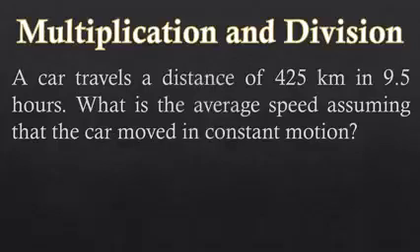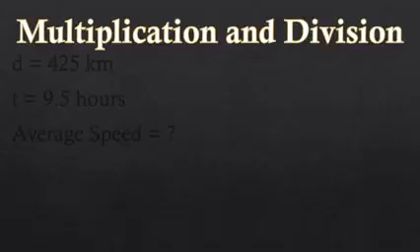A car travels a distance of 425 kilometers in 9.5 hours. What is the average speed assuming that the car moves in constant motion? Okay, so here naman, pag-uusapan natin kung paano kunin yung average speed. Okay? So this is part of physics, which is a branch of science. Okay? So yung given natin, distance of 425 kilometers, and our time is 9.5 hours.